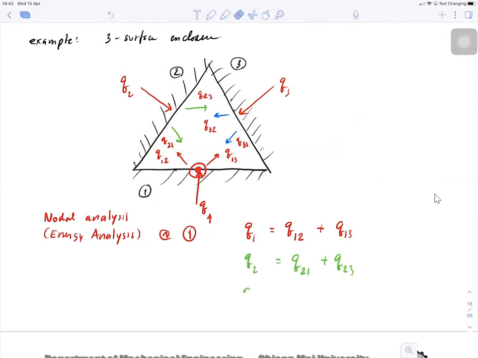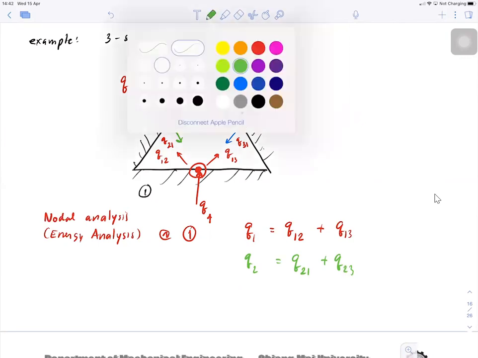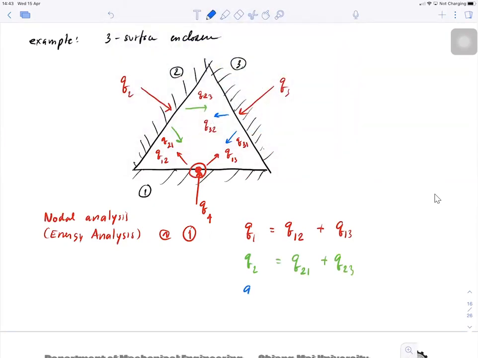And the blue one, Q3 is going to be equal to Q31 plus Q32. Okay?